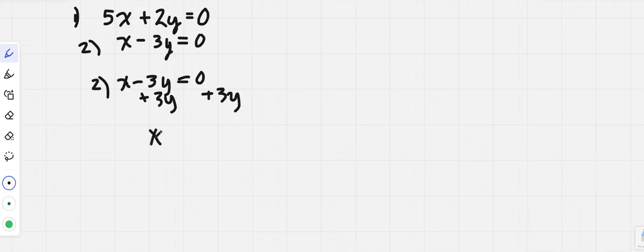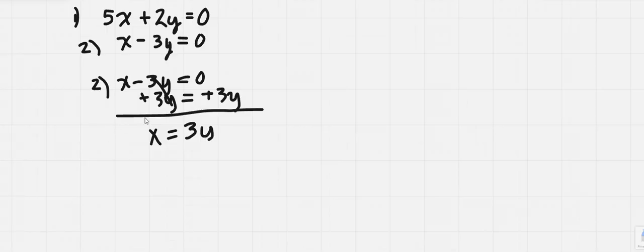x, these two cancel. And we're left with x equals 3y. Okay.